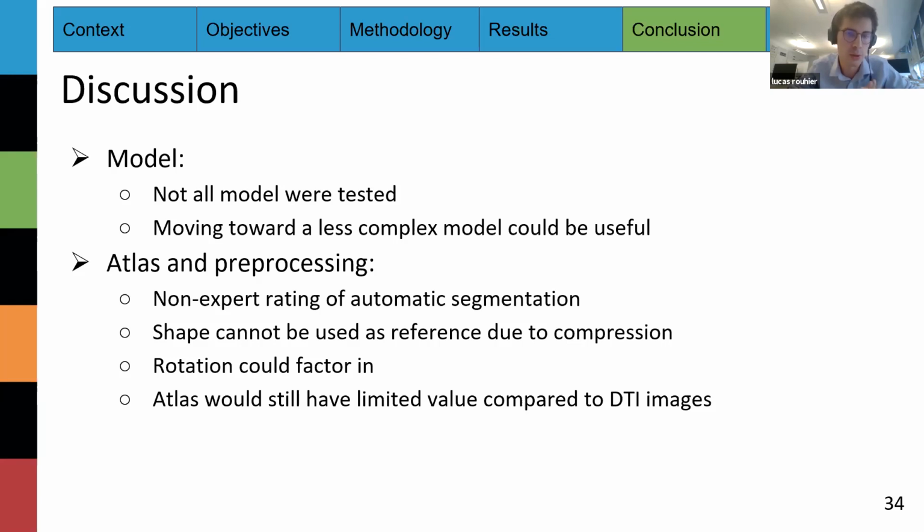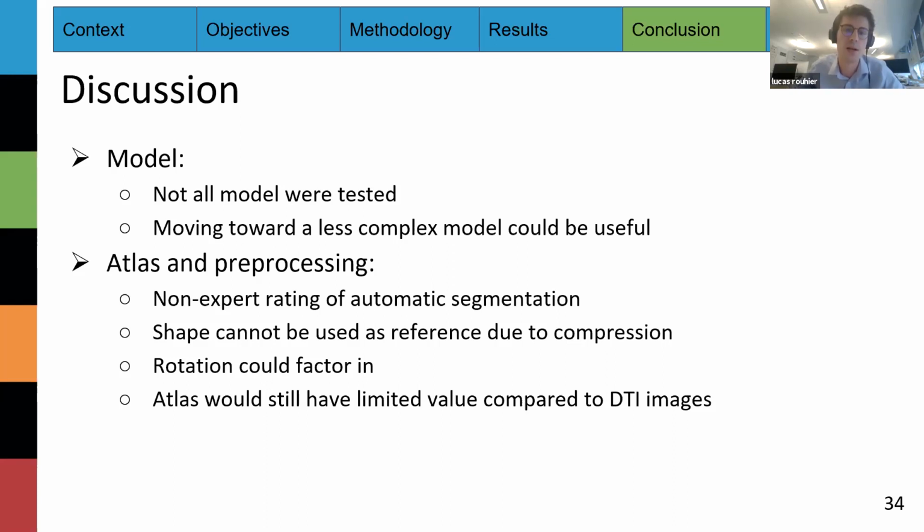For the atlas and the preprocessing, there was a non-expert rating of the automatic segmentation, because as much as I have worked on that, I am not an expert on the segmentation of the spinal cord and on the disk, so I might have made a few mistakes. And the problem for the atlas registration is that the shape cannot be used as reference due to the compression, and so a sort of rotation could factor in, because the symmetry is not great in all images, because sometimes the left part of the spine is crushed and not the right part.